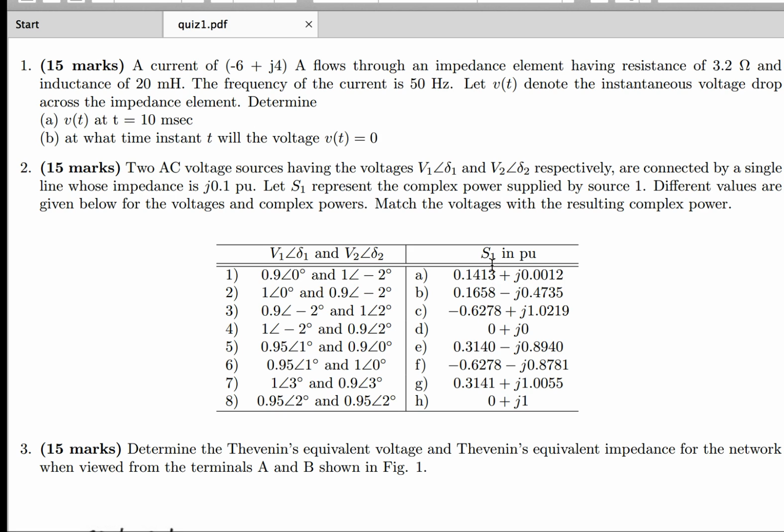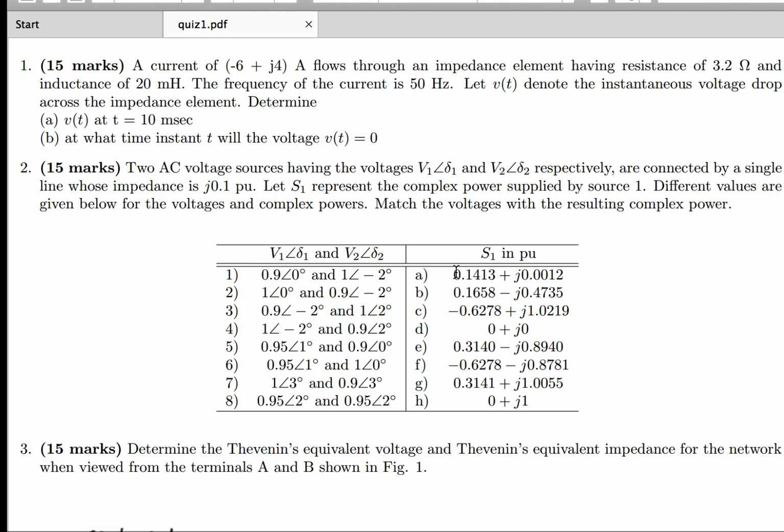Now, between B and E, you notice the amount is more for E and less for A. We'll just keep that in mind. Now come to the second one. The second one is exactly the same, except that both will be positive, because here the voltage is 1 and here the voltage is 0.9. So reactive power will be positive and active power will also be positive.